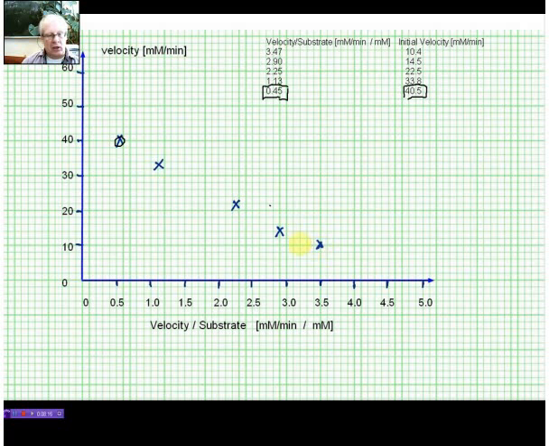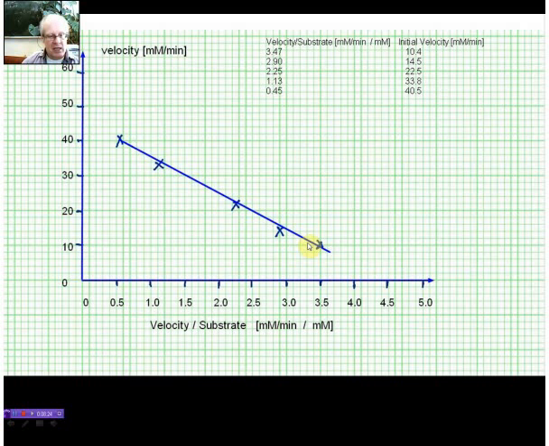And obviously they are very nicely lined up, so all we need to do is draw a straight line through these data. So we get this, and they are fairly reasonably on a straight line.